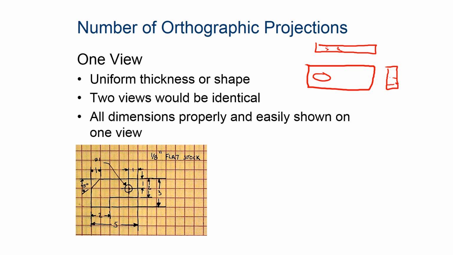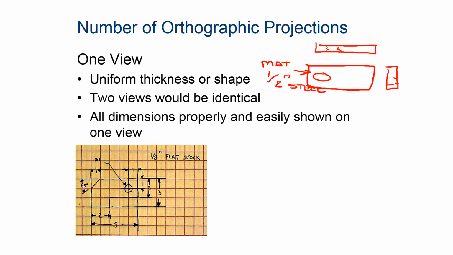We can get by with only 1 view here if we say that the material is 1/2 inch steel, right? And then we could make this square part and say it's a 1/2 inch thick. We can call out the depth with a note, and therefore we could do only one view.